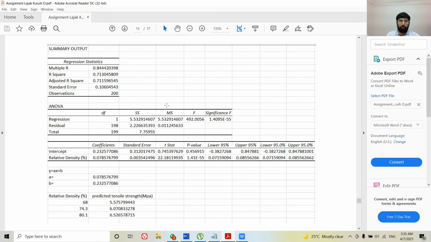So as you see, we have the regression analysis, we have the regression statistics with the multiple R, and we have ANOVA, and we have the data for the coefficients, the intercept and relative density.